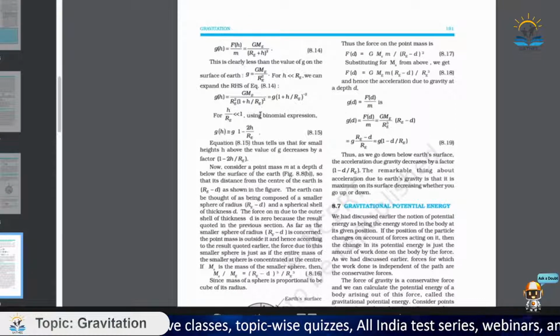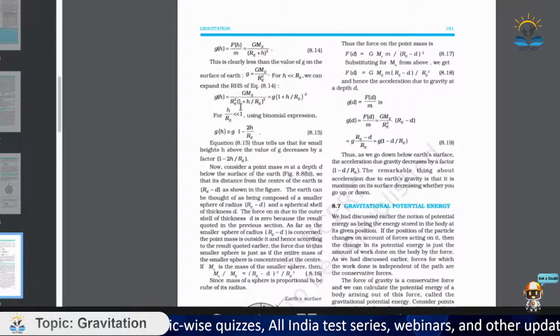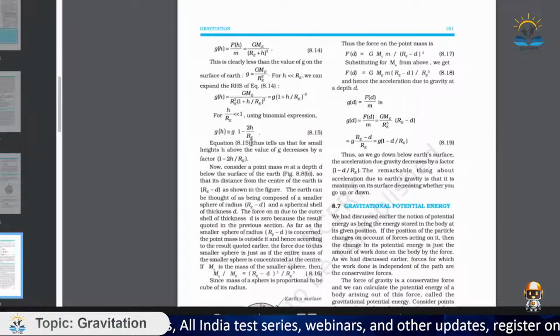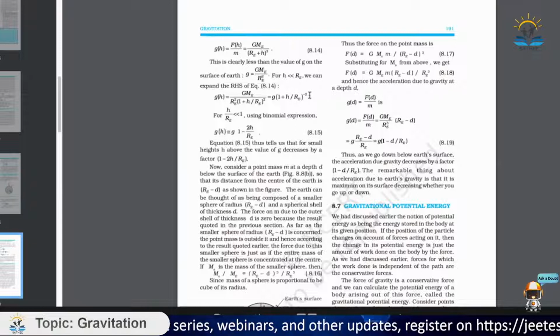When we formulate this, we find that the acceleration due to gravity at a height h is g times 1 minus 2h upon Re. This comes when we apply the binomial expansion here.